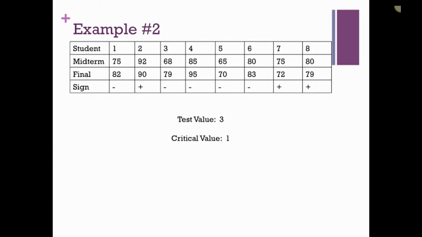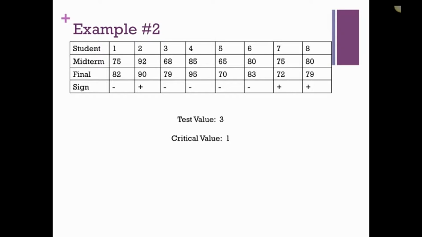So here you see the same data table with the same information. I've just added a row across the bottom to show you the sign for each pair of data. So for example, for student number 1, we have 75 minus 82. We subtract the after from the before, and that would give us a negative result. So our sign for that data pair is going to be a negative.